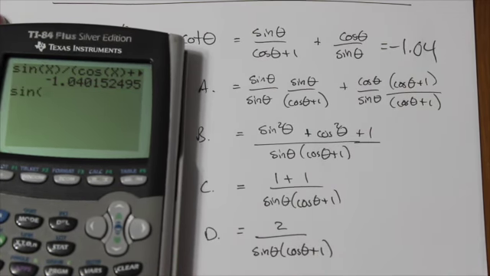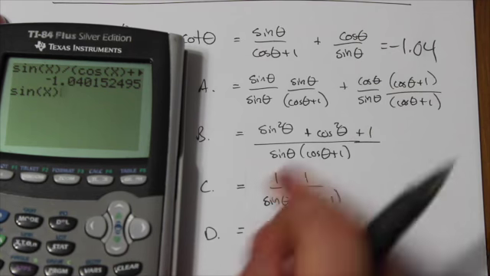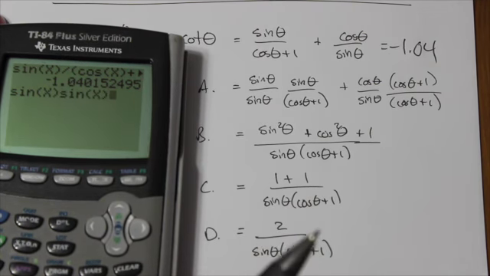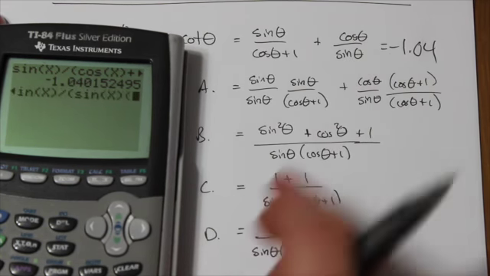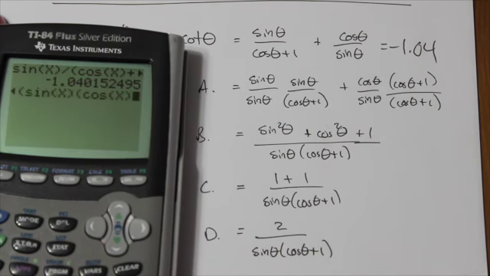Okay, so sine of X, close bracket, divided by bracket for the whole denominator, sine of X, bracket, cosine of X, close bracket, plus 1. Now, 9 times out of 10 when people ask me or they show me something on the calculator and they're not getting the answer that they expect, it's because they are not putting the appropriate brackets in there.